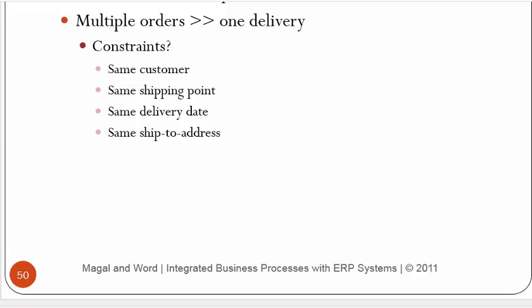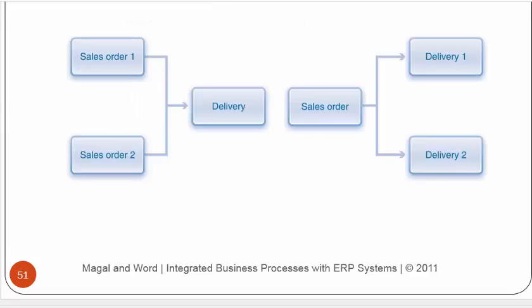Any combination in any of these would result in 2 deliveries. So as you can see, I can have 2 orders, 1 delivery, or I can have 1 sales order and 2 deliveries. Why do we break the delivery? Either it is a request of the customer himself, or it is because of a back order. We could not deliver all quantity or all material in delivery 1, so we have a back order and have to deliver again the rest.